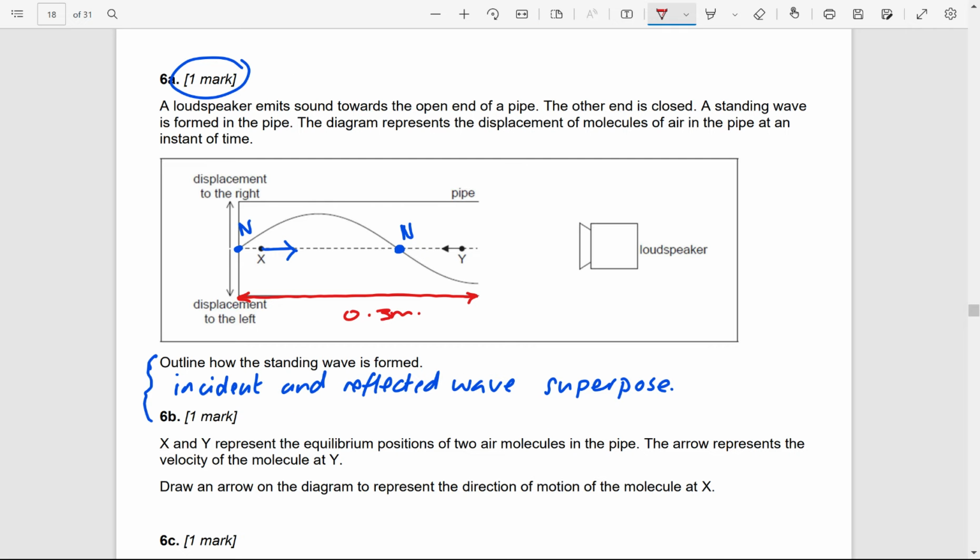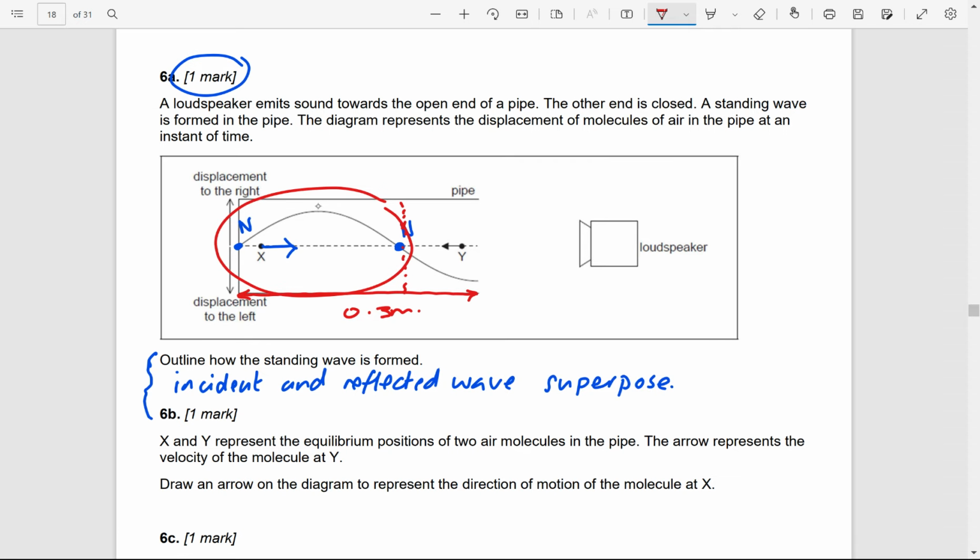And what I can do is I can split the wave that I can see into 3 sections, 3 quarters, if you like. I've got a half wave down here, and then I can split this half wave into another half.